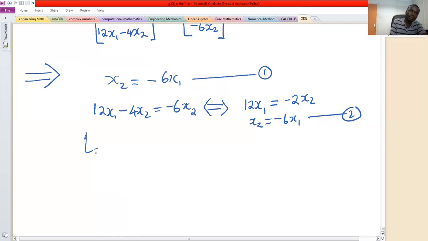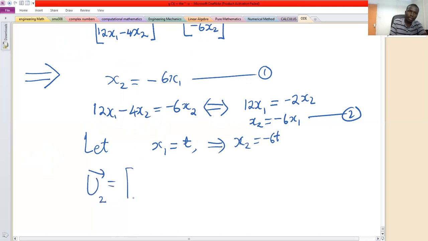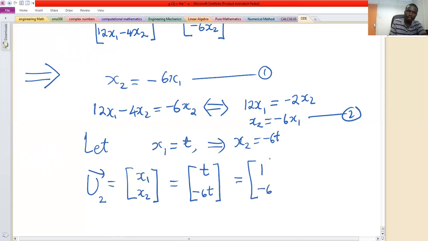So when we let x1 be t, then x2 will be minus 6t, because x2 is minus 6x1. So that U2, which is (x1, x2), will be x1 you put t, x2 you put minus 6t, which will be (1, -6) times t.